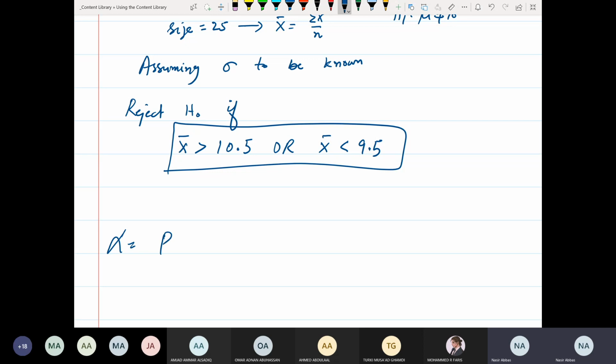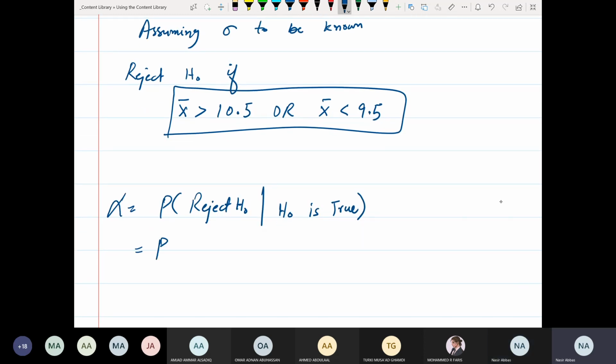Alpha will be the probability of rejecting H0 given H0 is true. That means the probability of X bar being greater than 10.5 or X bar less than 9.5 given mu is 10.